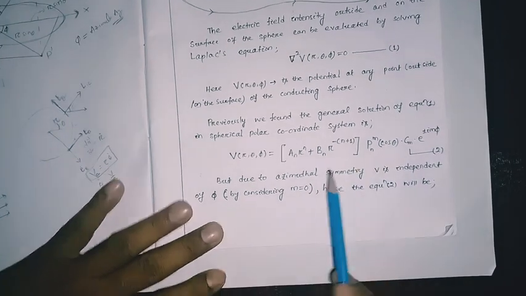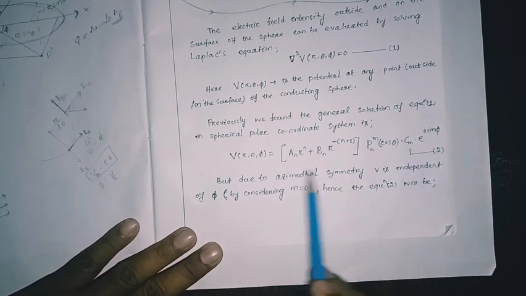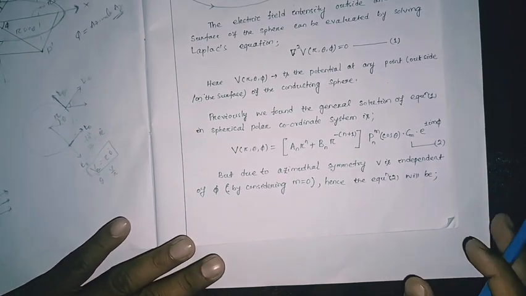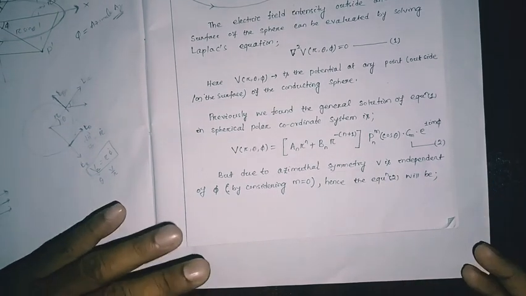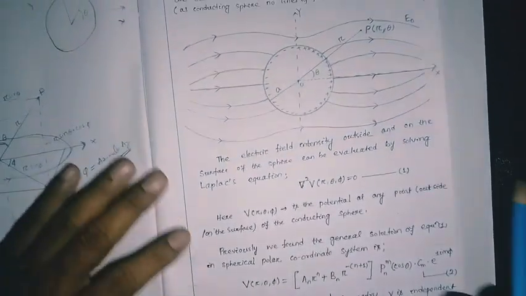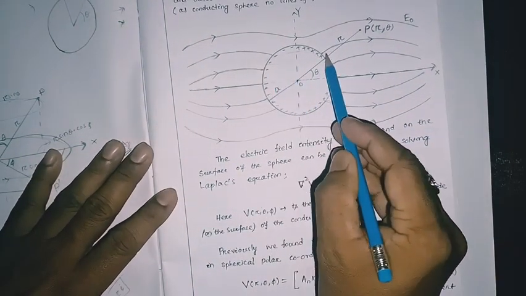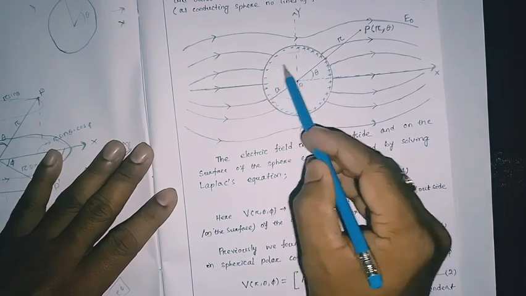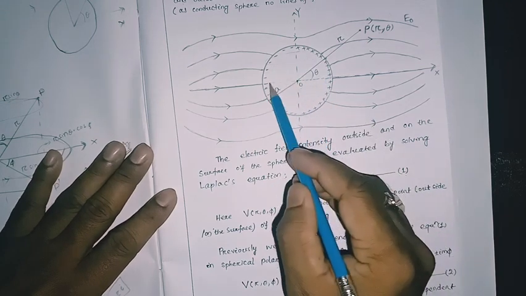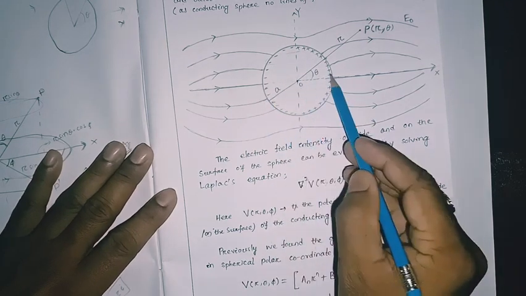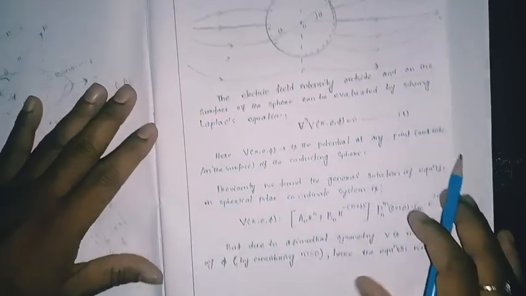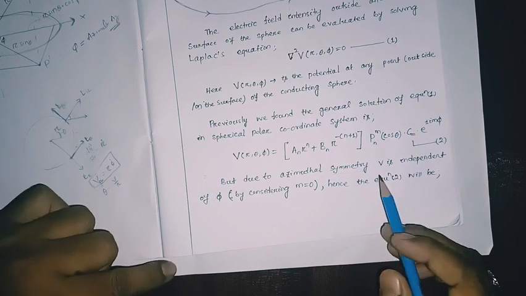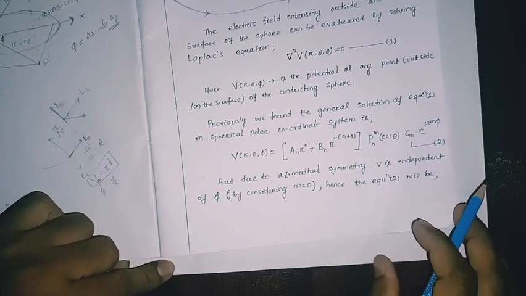Due to azimuthal symmetry, as we discussed, V, or the so-called electric field intensity, is also independent, because the net charge will be 0 if at any portion, or considering the whole azimuthal angle on this sphere, the net charge will be 0. Hence the potential or electric field intensity will be 0 considering the azimuthal angle.